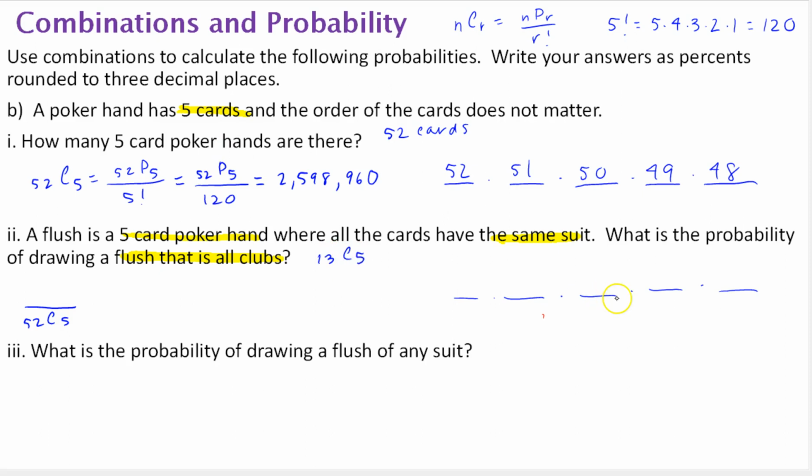Okay, this will be the permutations. So 13 times 12 times 11 times 10 times 9. Okay, and then to find the number of combinations, we divide this by 5 factorial. So 13C5 equals 13P5 over 120. Let's find this on the calculator.